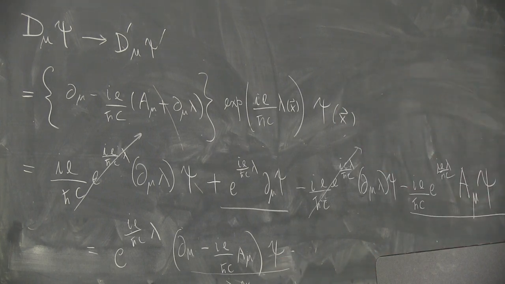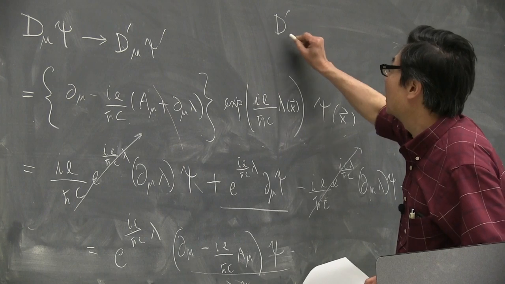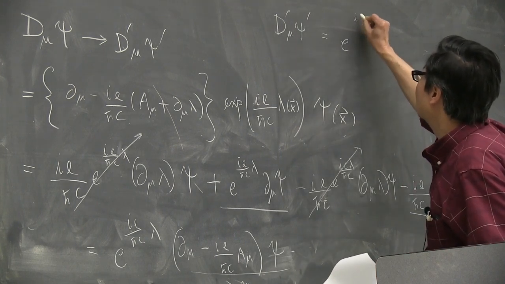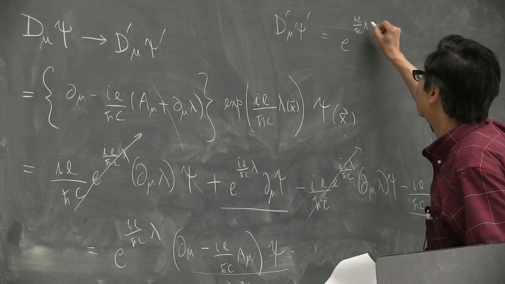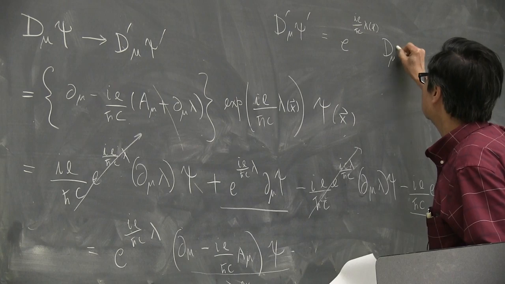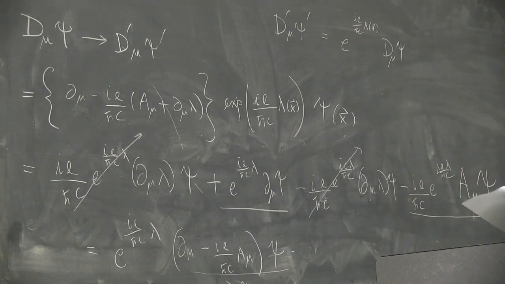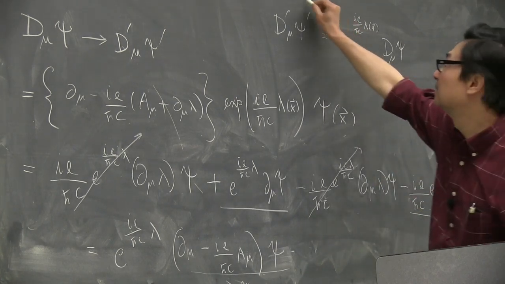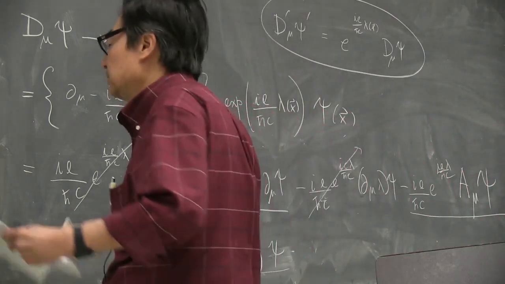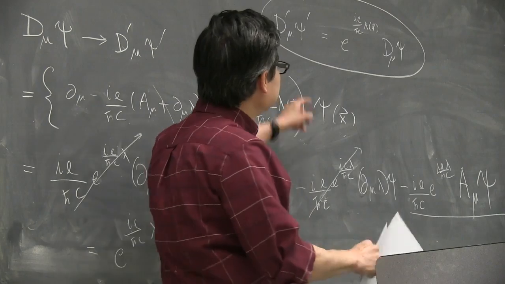So you have the interesting fact that D'_μ ψ' is equal to e to the iE/ħc λ times D_μ ψ. Under a gauge transformation, the covariant derivative changes in this manner.